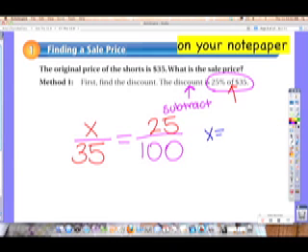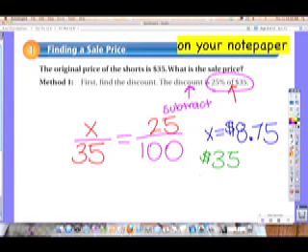So we've got to do one more thing before you're done. Matt, do you remember? Subtract 35 minus 8.75. Perfect. Take your $35 and then subtract that discount, that $8.75. Lauren, what did you get? 8.40? Oh, it couldn't be 8.40. That doesn't make sense. Take your 35, subtract 8.75.